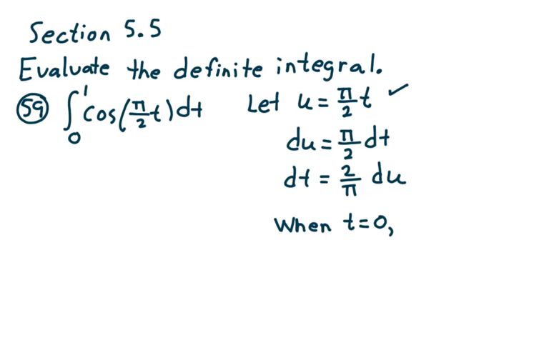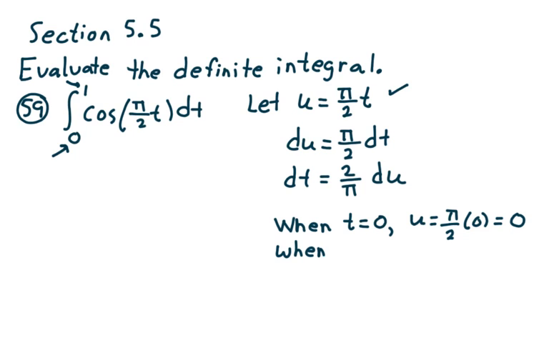Because, again, these limits are in terms of t, and I want everything in terms of u, okay? So when t is 0, u is pi over 2 multiplied by 0, which is equal to 0.